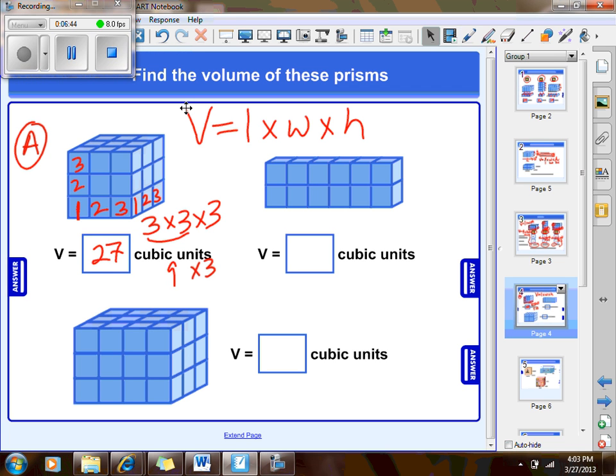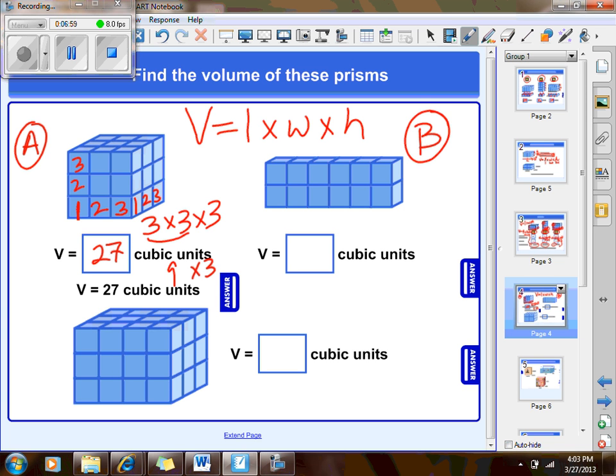Let's see how we did. Pull the answer tab across. 27 cubic units. I won't do the math with you anymore. I'll just pull the answers across. So for prism B, pull the answer across. 12 cubic units.